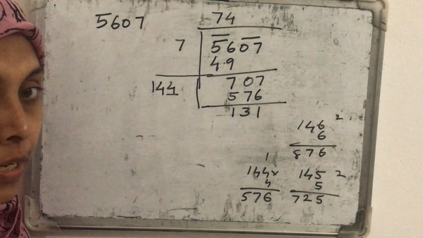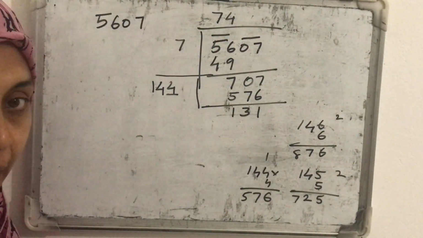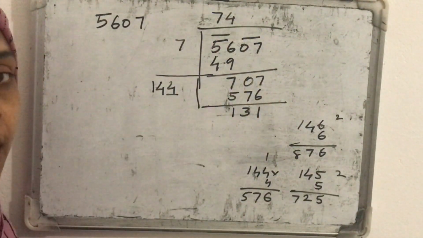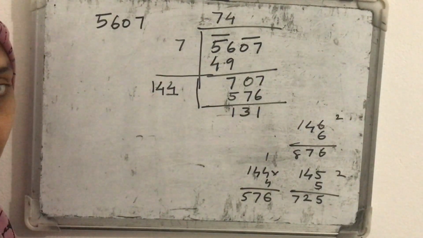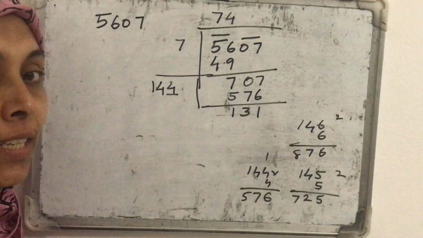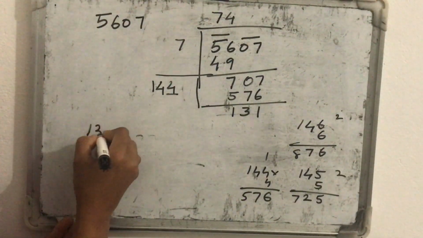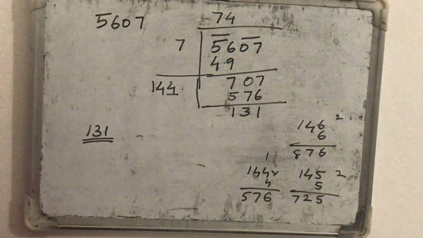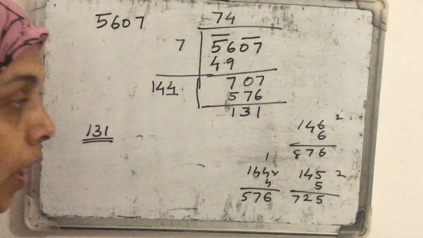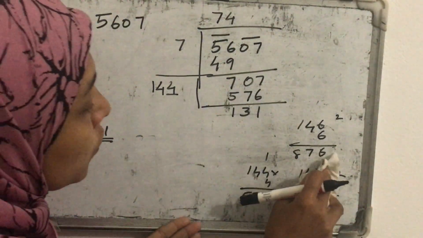Then what is our question? Which number should we subtract from 5607 to get a perfect square? The remainder we should subtract. So we subtract 131 to get a perfect square, and also find the square root of that new number.